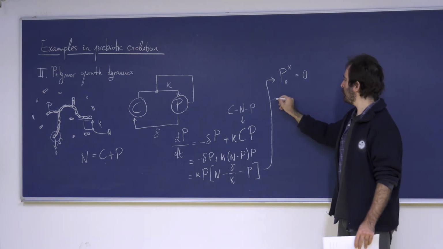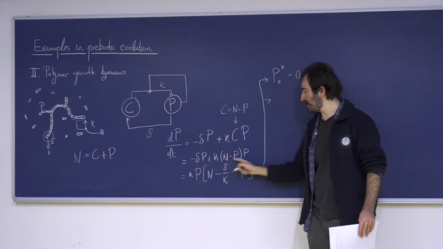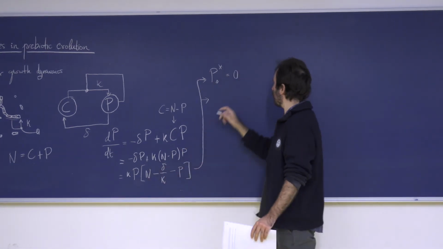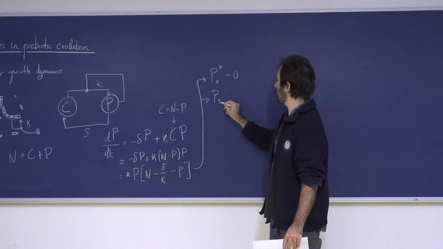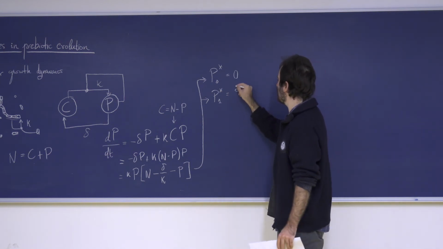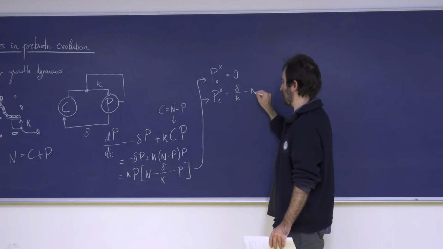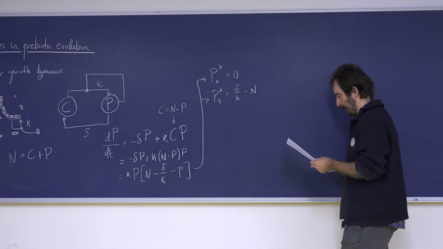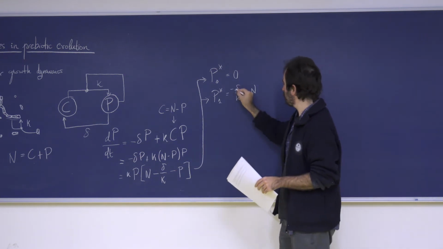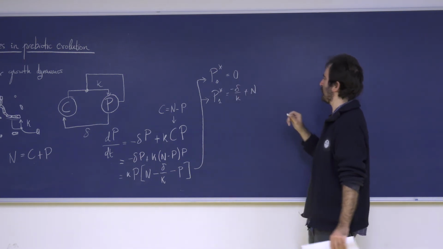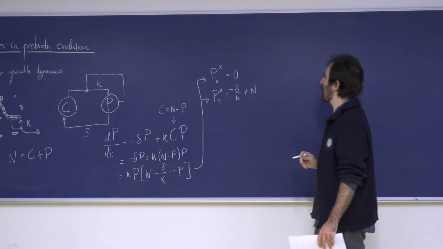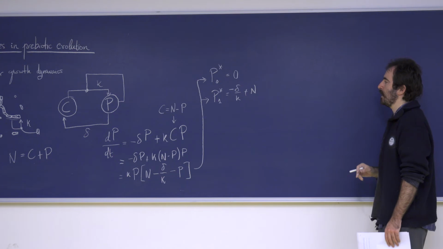And the other one is going to be the zero of this root here, which basically corresponds to taking a minus sign in front of this, and we shall call it P1. I'm sorry, it is minus delta over K plus N, of course, because this already carries a minus sign, so this is exactly what we should expect.